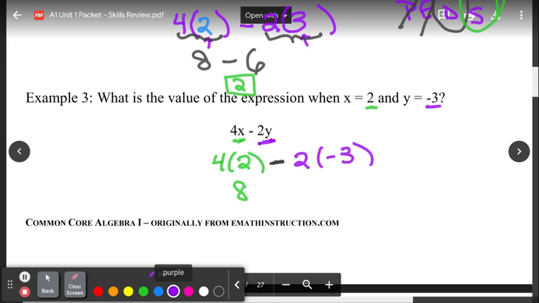That's 8. But now here, I'm going to look at this. I'm going to assume this minus 2 is a negative 2. It really means the same thing. So a negative 2 times a negative 3 is a positive 6. And then when you add those two numbers, you get 14.